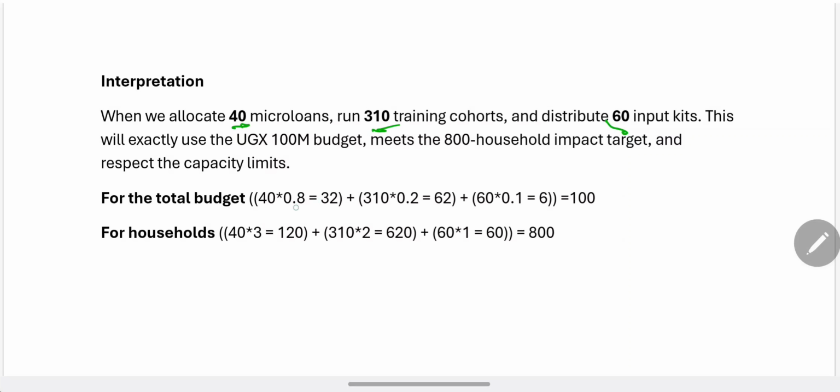When you multiply 40 times 0.8 and the other terms accordingly, it will arrive at the 100 million budget. And with the households, when you multiply 40 times 3, then 310 times 2, then 60 times 1, it will give you 800 households. So that was it for this video.